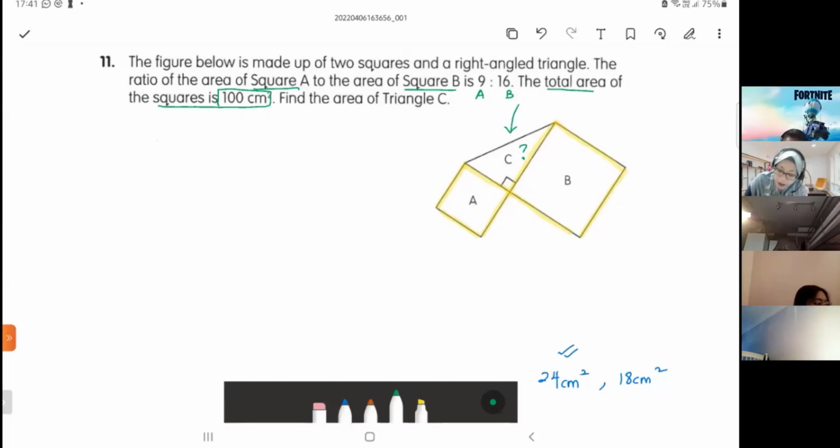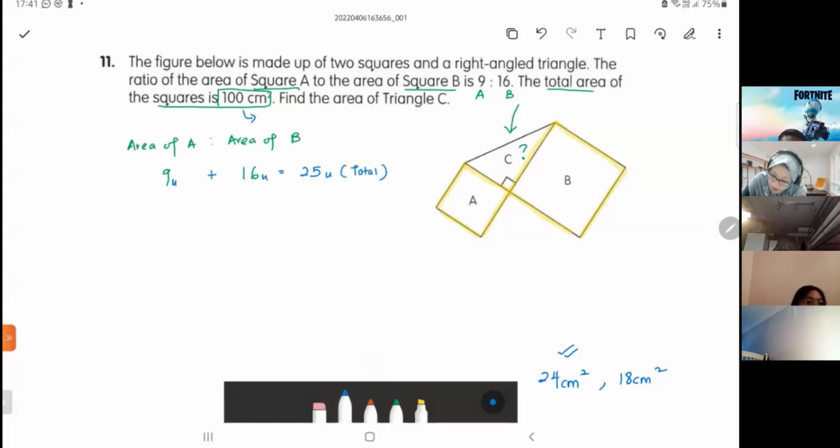So area of A is to area of B, 9:16. What's my total? I add them together, equals 25 units.